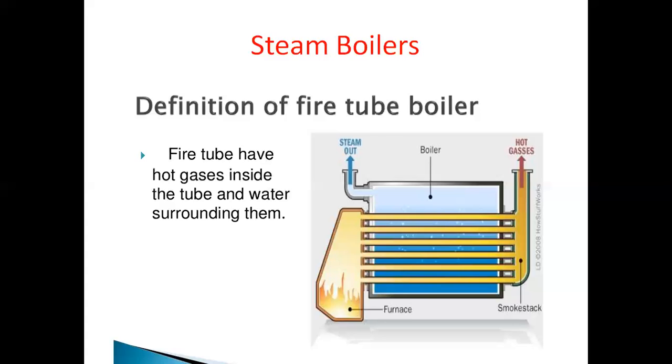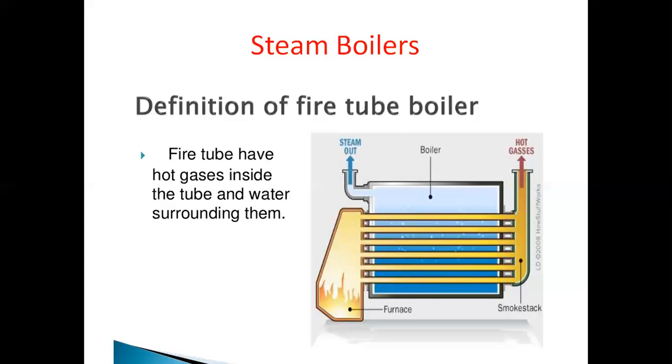When we say water tube, we allow the water through the tubes, which are surrounded by the hot gases. So based on content, we define fire tube and water tube boilers.